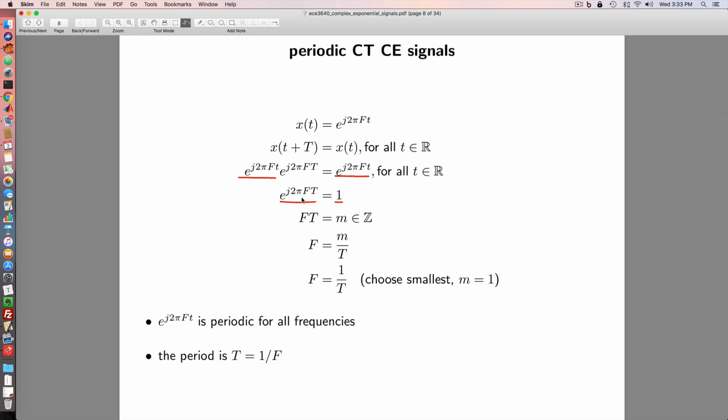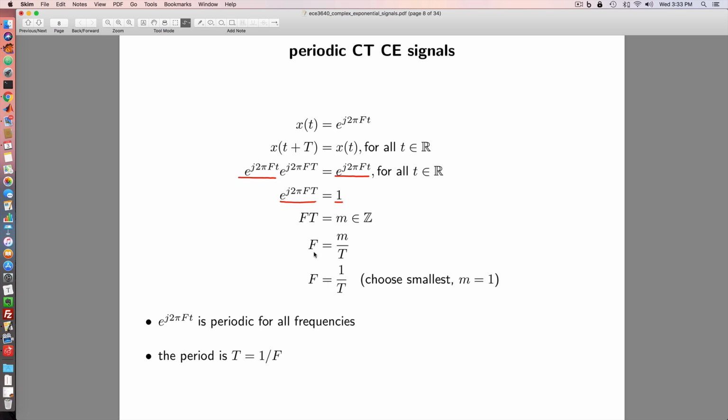That will happen only if the product of f and T is an integer. Then we can solve for f in terms of T, and we'll choose the smallest, according to our rule, the smallest number m, which would be 1.